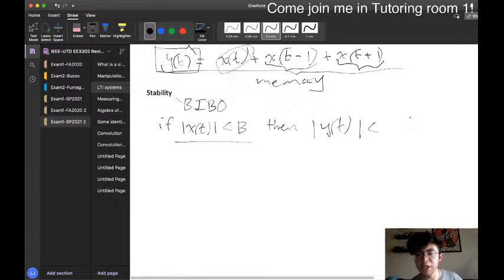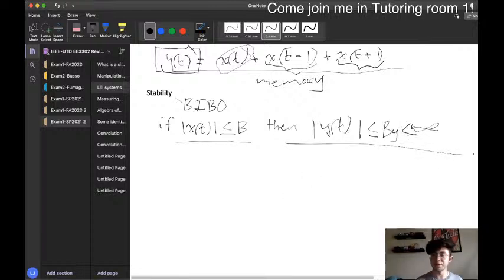So this should be less than or equal to some B_y, and this is a finite number, so it's less than infinity. This can't be plus or minus infinity. If it is, then this is not BIBO stable.